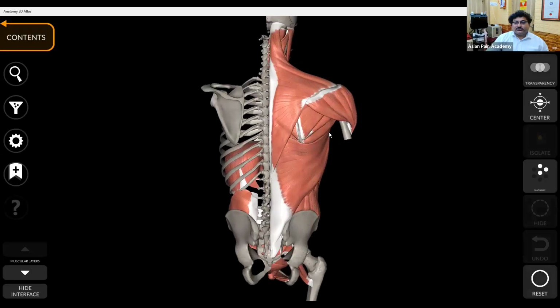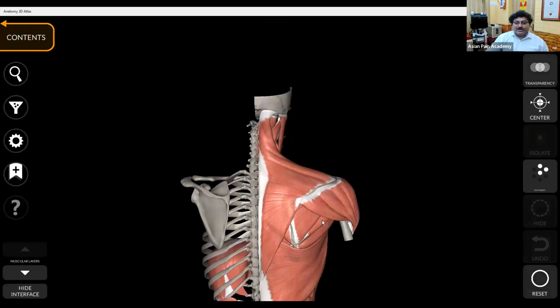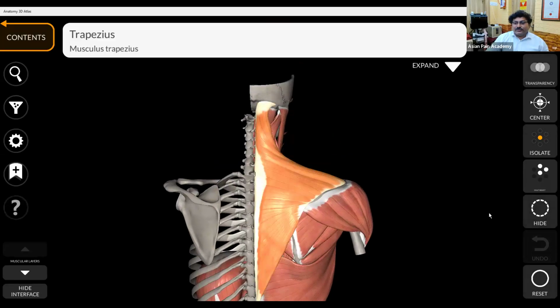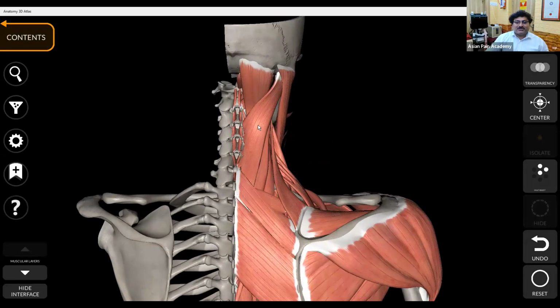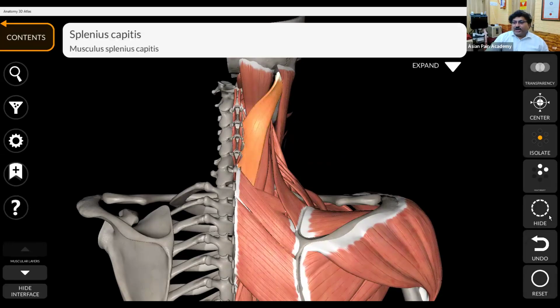So let me go back to the muscles. This muscle I am not asking because it is the trapezius, which we all know. We are hiding it. Just underneath the trapezius, what is this muscle? Splenius capitis. Yes. Let us clear it and hide it. And if you hide the splenius capitis, then what is this muscle?